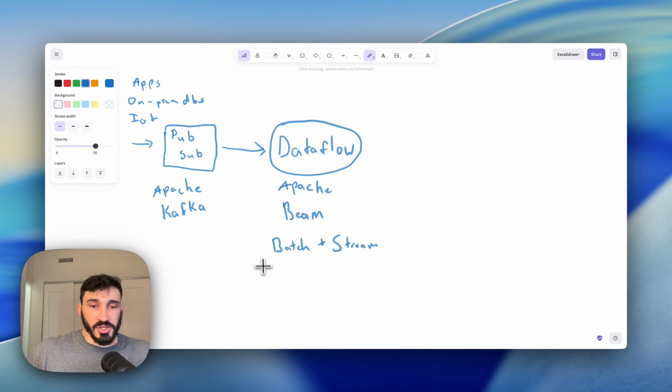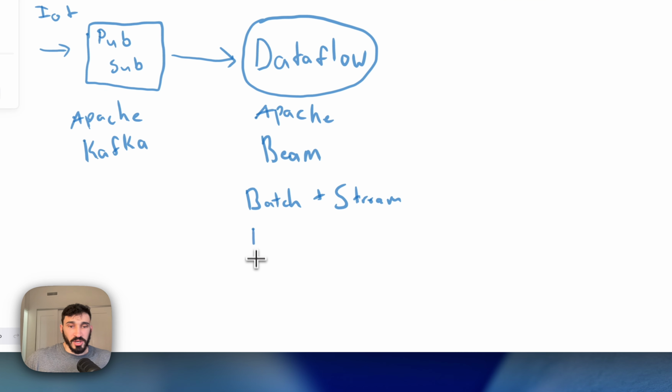So Dataflow is also where you're going to do most of your transformations of the data. These are called p-transforms, typically.